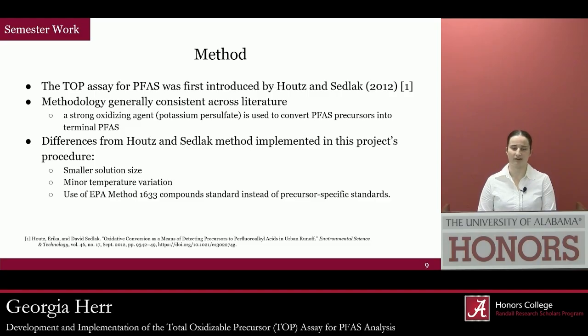The PFAS standard is the PFAS that is added into the sample that is later analyzed using the LC-MS, and for our method we have been using EPA method 1633 compounds, which is a mix of 40 different PFAS compounds containing both precursors and terminal compounds, which has allowed us to analyze the reaction of multiple precursors at once in a single assay. In the original method, only precursor-specific standards were used, which only contained one specific PFAS precursor chemical.